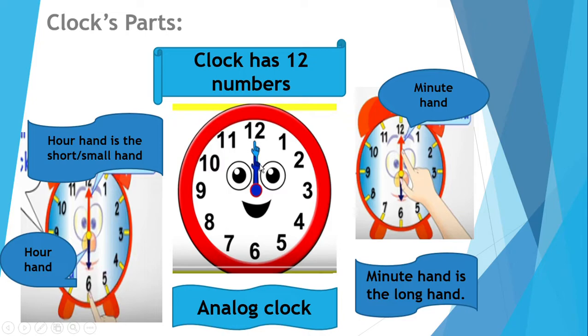The long hand of the clock tells you the minute and the short hand tells you the hour. Again, the short hand of the clock tells you the hour. It is called the hour hand, and the long hand tells you the minute, and it's called the minute hand.